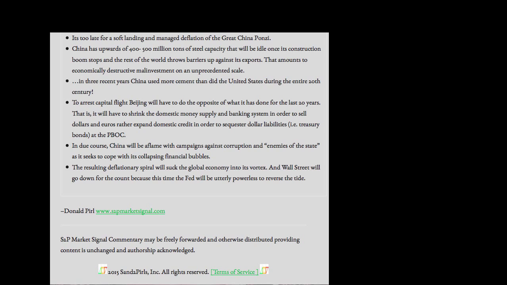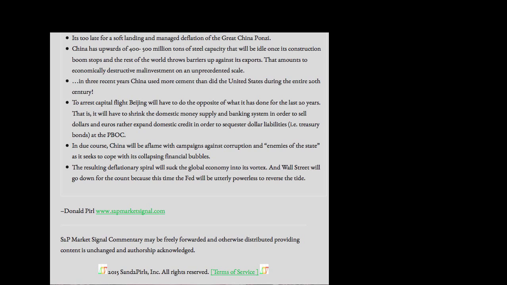To arrest capital flight, Beijing will have to do the opposite of what it has done for the last 20 years. That is, it will have to shrink the domestic money supply and banking system in order to sell dollars and euros, rather than expand domestic credit in order to sequester dollar liabilities, that is, treasury bonds, at the PBOC.